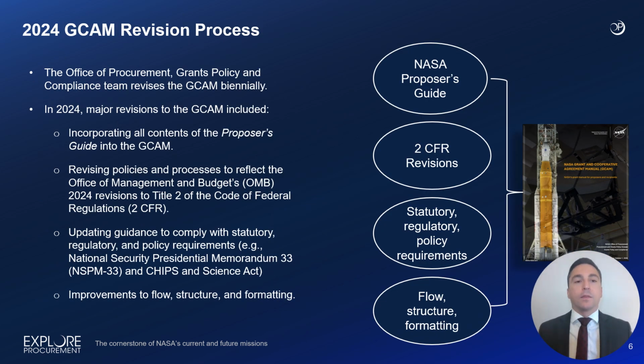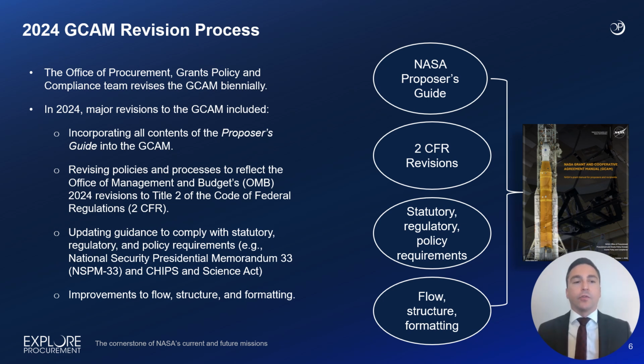The GCAM is developed and maintained by NASA's Office of Procurement, specifically the Grants Policy and Compliance Team, or GPC. The 2024 GCAM revisions fall into 4 categories. First, the GCAM was revised to incorporate all contents of the NASA's Proposer's Guide.